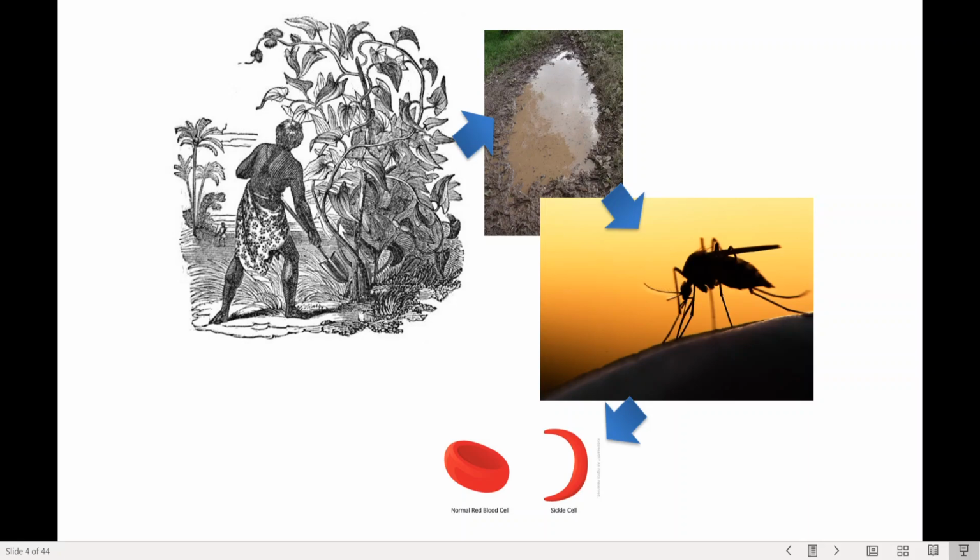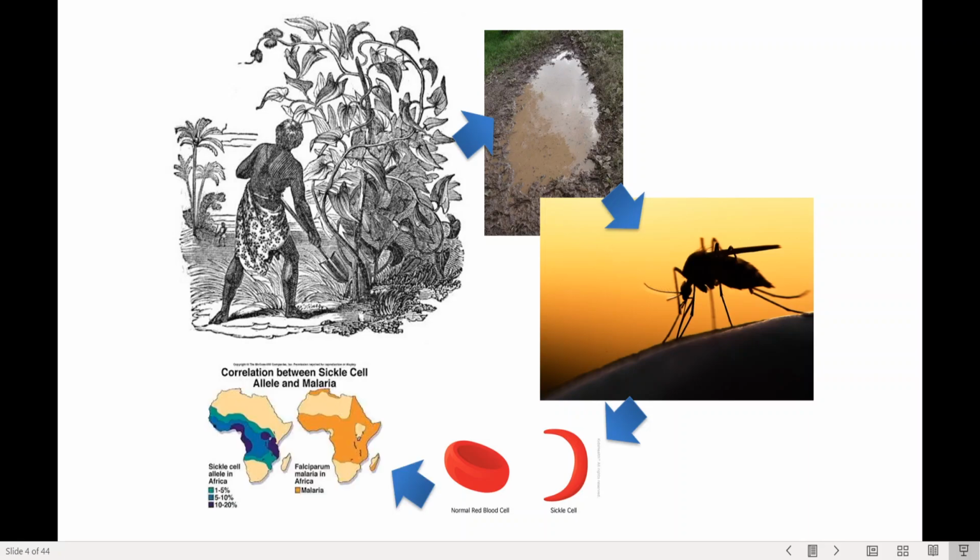So all of a sudden this genetic liability becomes an advantage in the context of another disease that is present in your environment. And so therefore what we see is we have in modern populations a strong correlation between the sickle cell allele, so individuals who are carriers of this potentially fatal disease, and the spread of malaria.